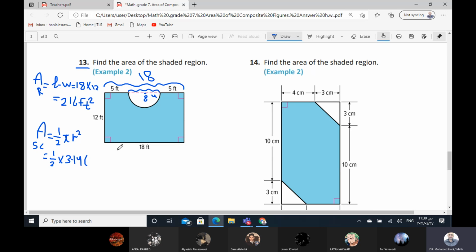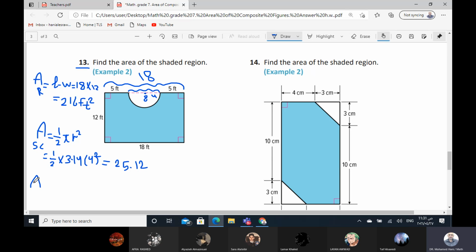The r will be 4, means 4 squared, 4 times 4 means 16. We have 16 times 3.14 will be 50.24 divided by 2. So the answer here will be 25.12.